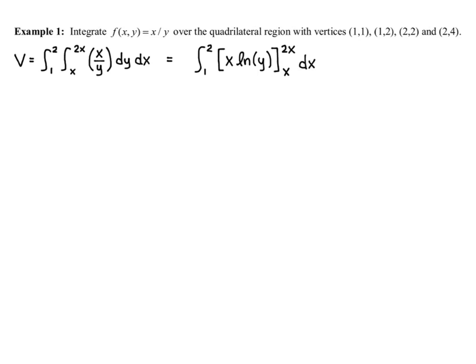Using the fundamental theorem of calculus, f of b minus f of a, we get x times the natural log of 2x minus x times the natural log of x.